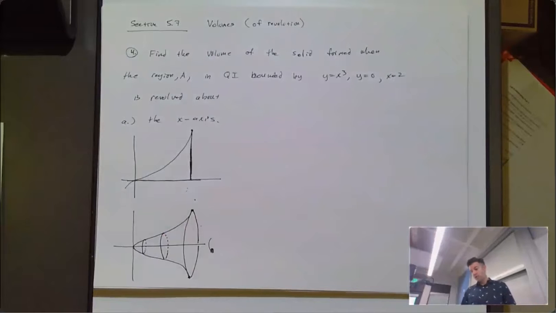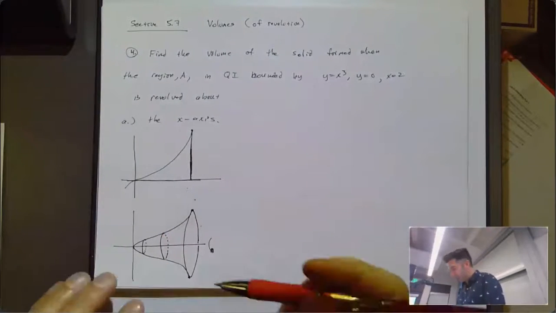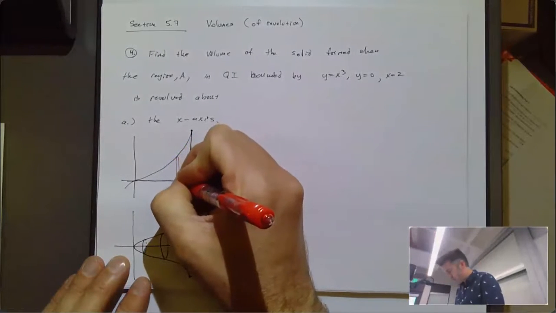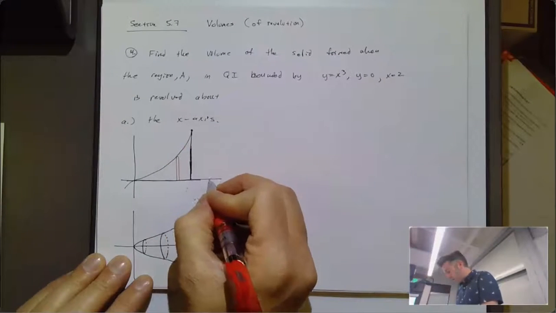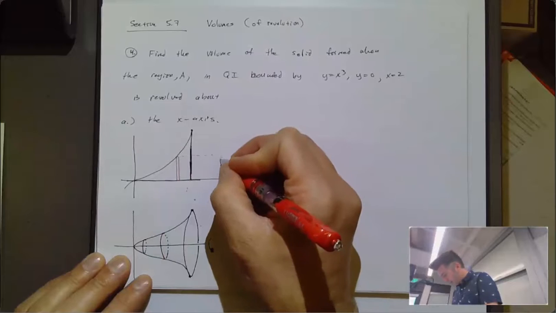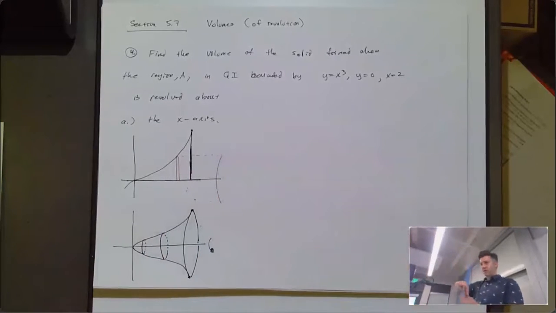Now, the question is, how do we find the volume of that? Well, here's what we're going to do. We're going to take a vertical strip in our region. And when I revolve that strip around the x-axis, what do I get? Well, essentially I'm taking a little rectangle and sweeping out a full rotation and I'm going to get a disc.